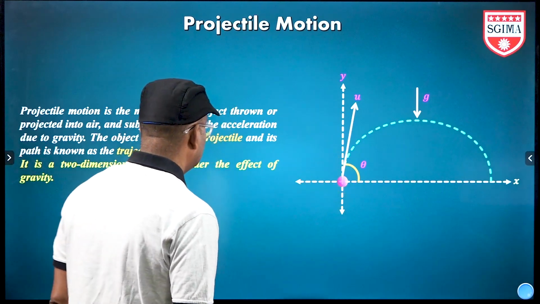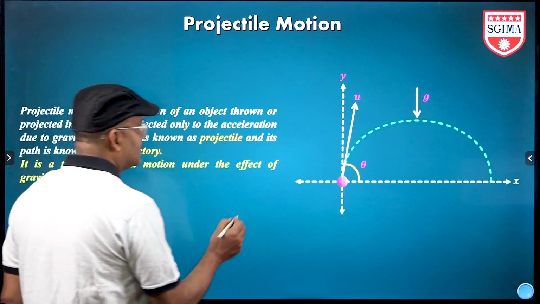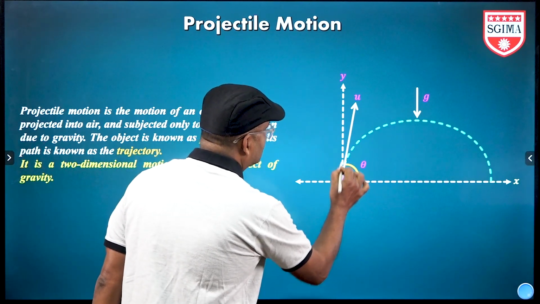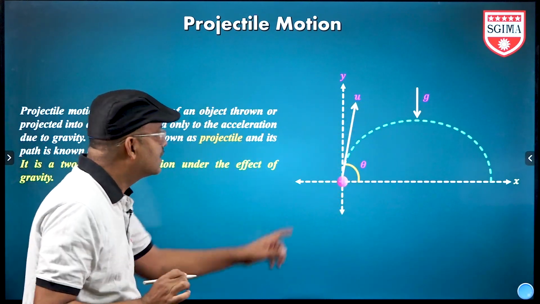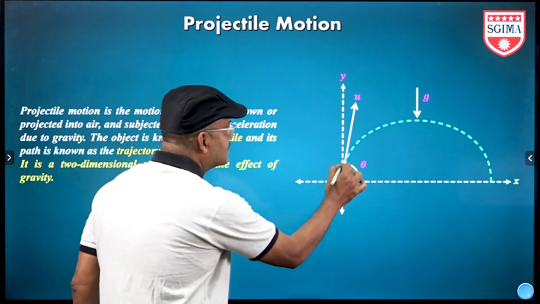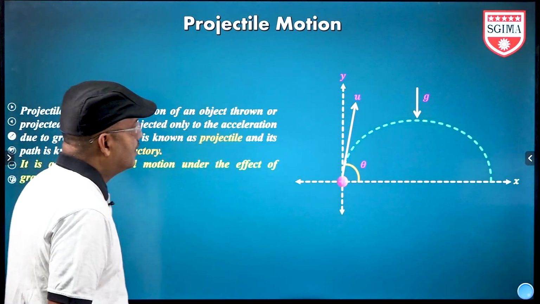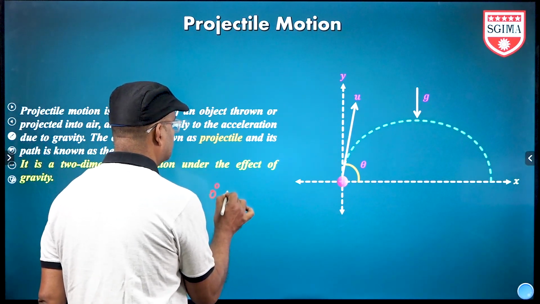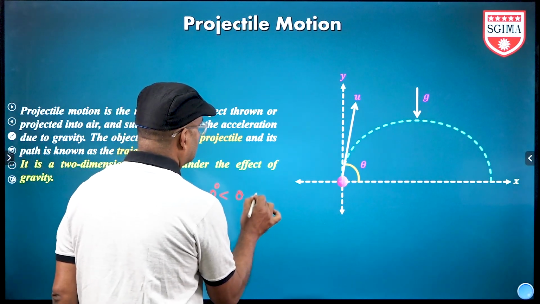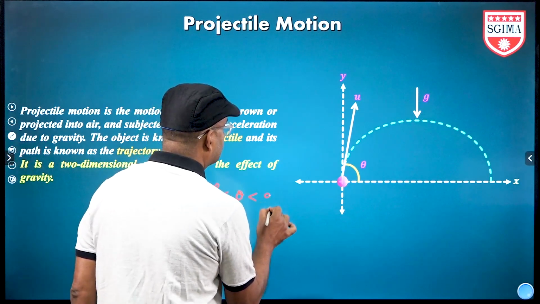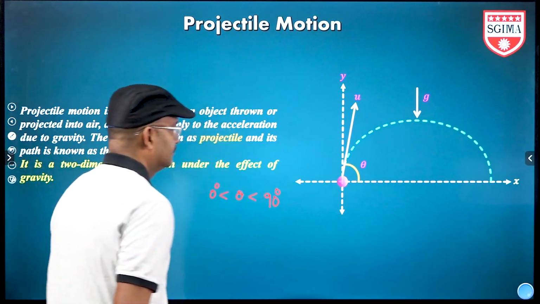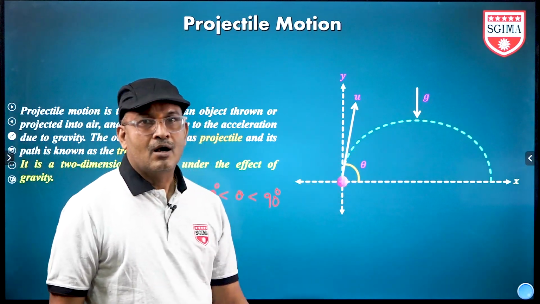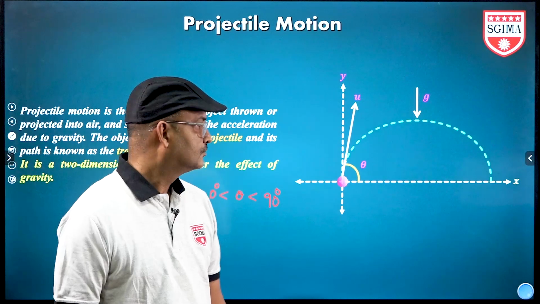Oblique projectile. Oblique projectile means the body is projected by making some angle theta, and theta should be between 0 degrees and 90 degrees. Then the projectile is said to be an oblique projectile.